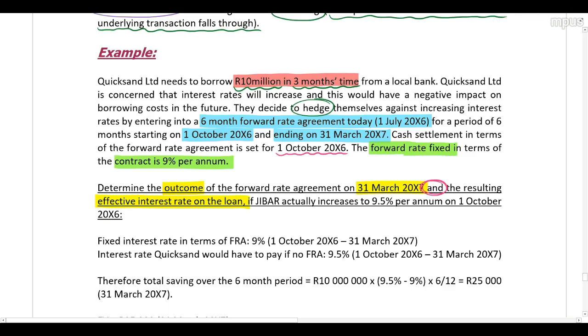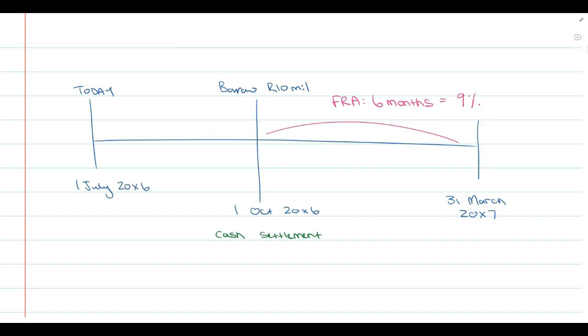If JIBAR actually increases to 9.5% per annum on the 1st of October 20x6. So we're being told that when they actually enter into the loan agreement on the 1st of October 20x6, JIBAR has now increased to 9.5%.